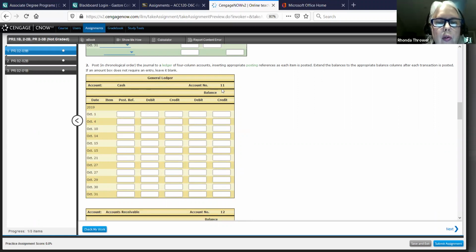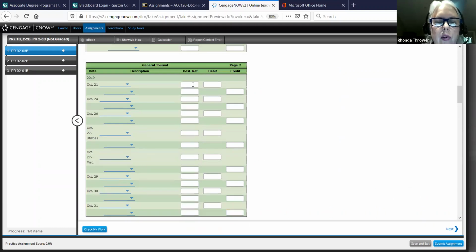This account number is what we're going to use as a post-reference in our journal. So we cross-reference books. There are two sets of books that we'll be keeping, a journal and a ledger. When we write in the journal first, then we copy the amounts to the ledger. Once we copy them to the ledger, it's a process that we call posting. We'll pick up the account number and put it back in the post reference.